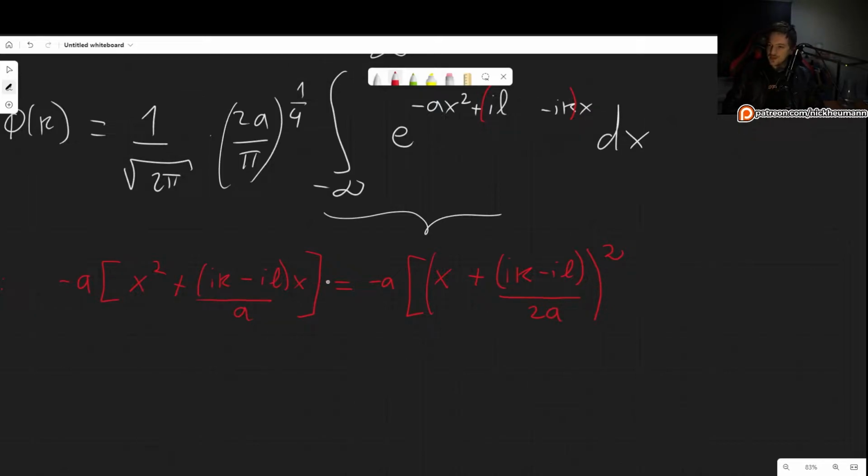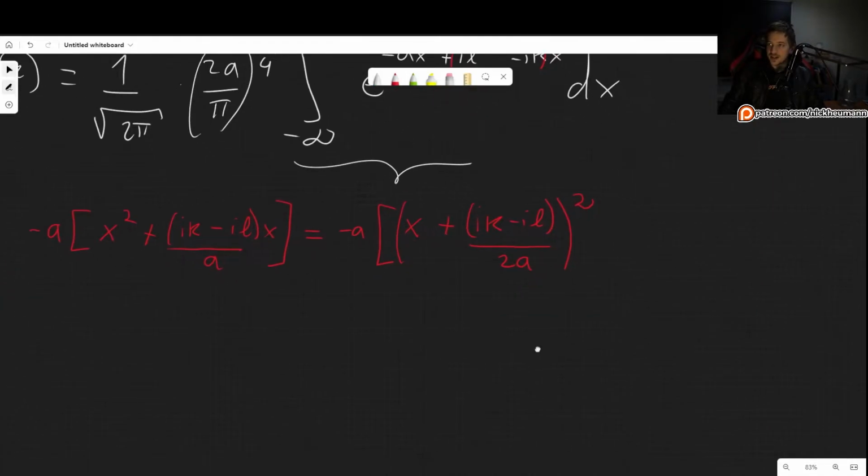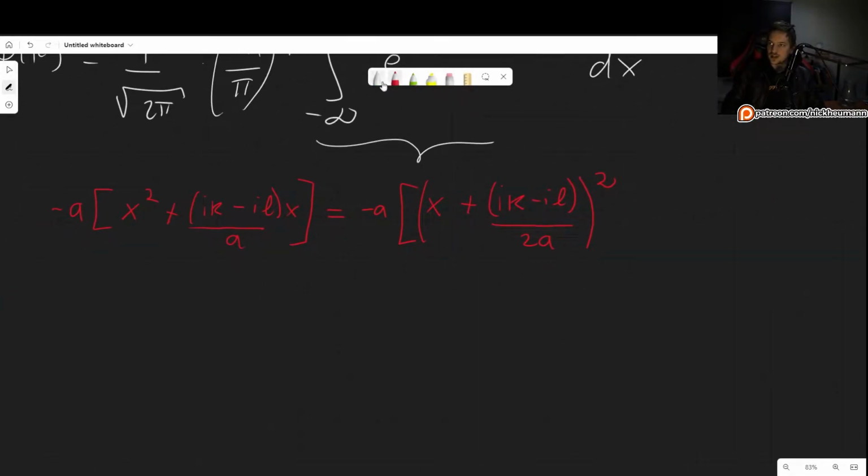But this is of course not the same, because if we multiply through, right, and this is a good way, sometimes if you are unsure how to complete the square, you just write it like this and now multiply through. So we get x squared, then 2 times this times x, so plus ik minus il divided by a, and now this thing squared.